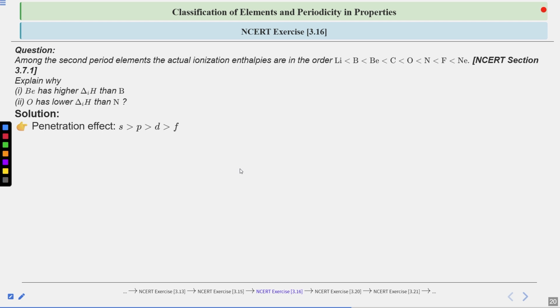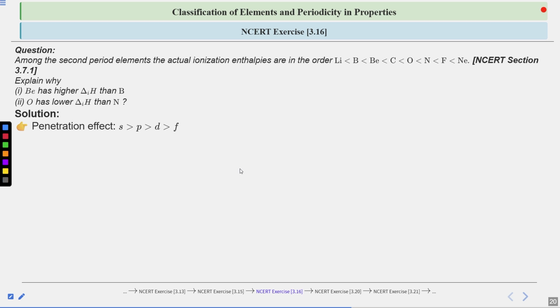So, if you go back to the structure of atom, what was the reason that your half-filled d orbital was more stable? The reason was that it is able to exchange its position. As a result, it is able to release the exchange energy, right? So that was the reason for the stabilization of half-filled d orbital. The diagram is clearly given in the NCERT.